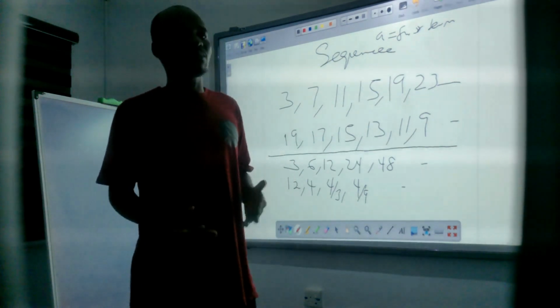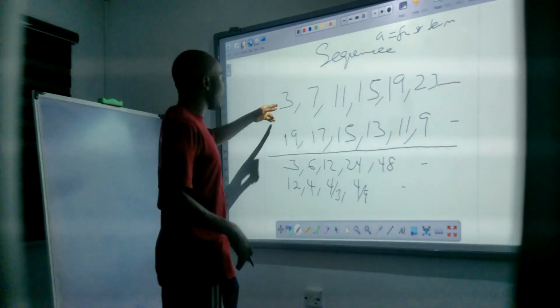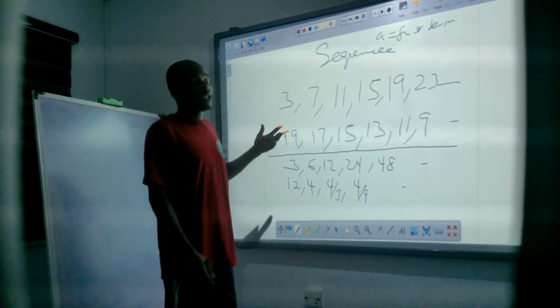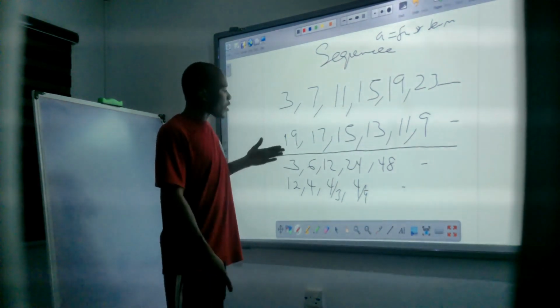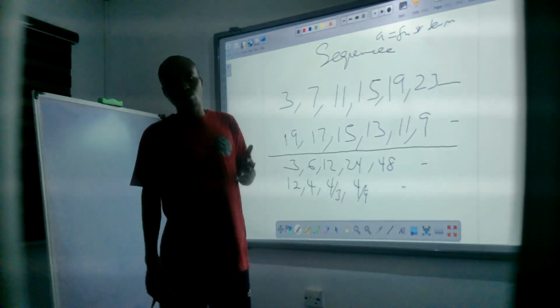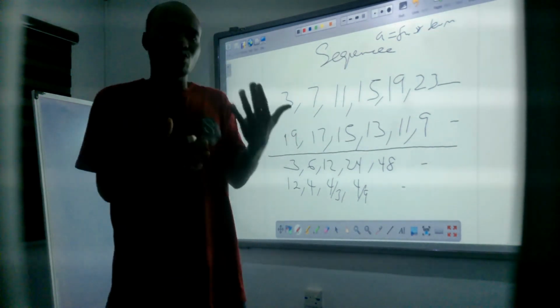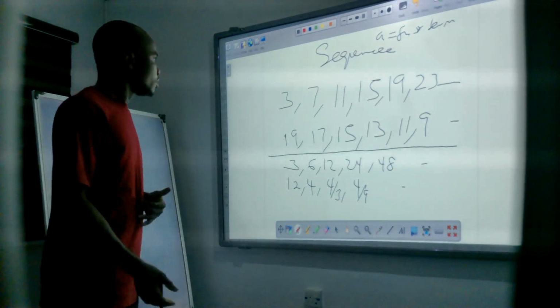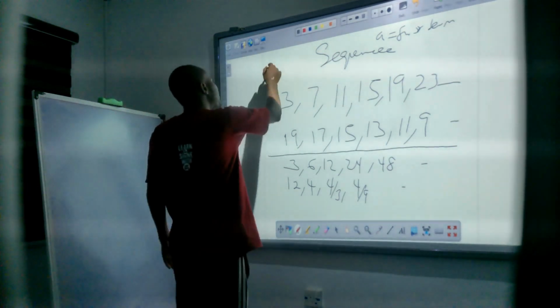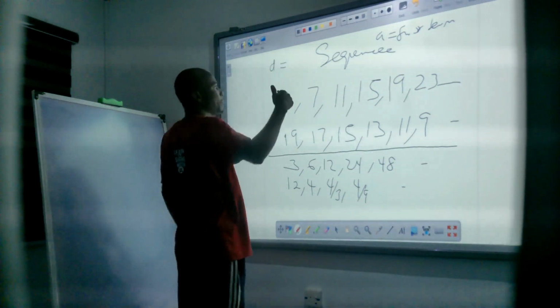So these first 2 sequences are AP because we add or subtract a constant. Our common difference here is positive 4. Here, our common difference is minus 2, meaning we are adding minus 2 to each term, which is subtracting at the end, to get the succeeding term.